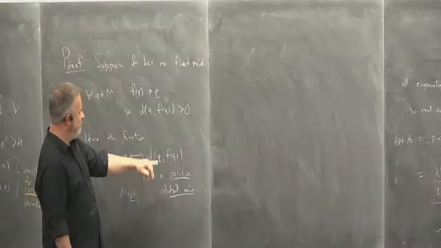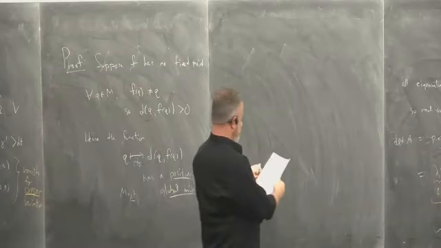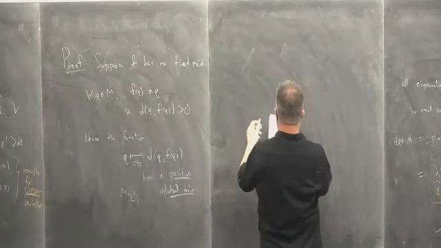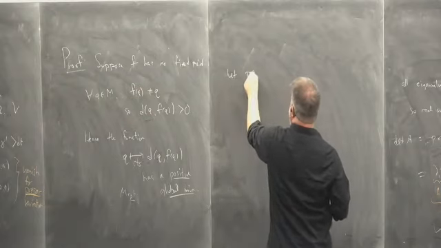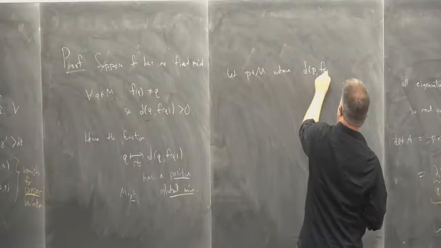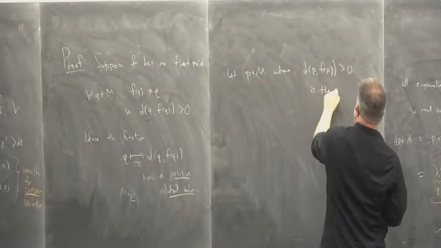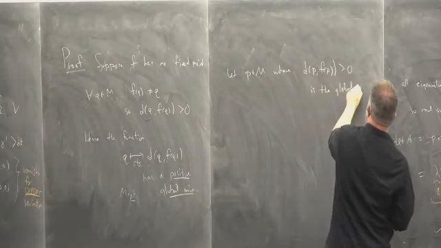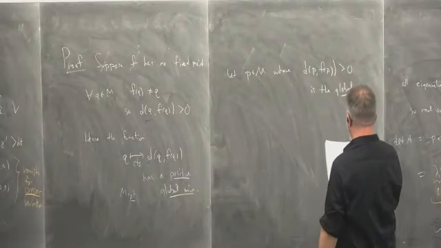That global minimum can't be 0 because this function is positive everywhere. So let P be a point in M where d of P, f of P is the global minimum. There might be more than one such P, but there exists at least one.